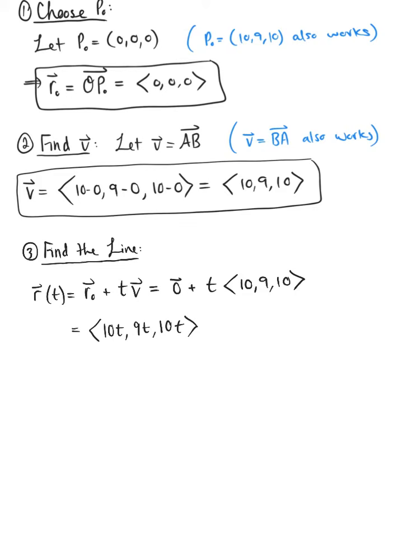Now, be careful. We're not done yet. This is a line segment, so we're going to exercise a little caution here. We still need to find the bounds. Line segments have bounds. But fortunately, finding these bounds is very straightforward.